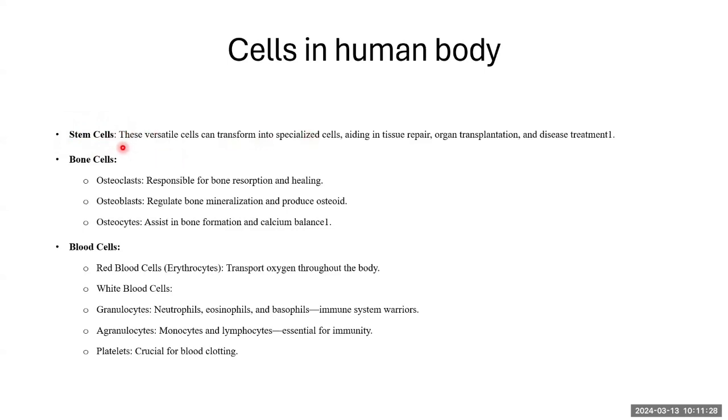Mostly stem cells are present in our bone marrow, and they are constantly producing our blood cells. So these are versatile cells that can transform into specialized cells, aiding in tissue repair, organ transplantation, and disease treatment. Speaking of organ transplantation and disease treatment, there are different stem cells present in our liver, and if our liver gets damaged, it can repair itself.